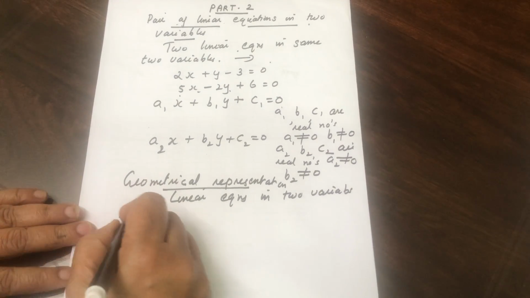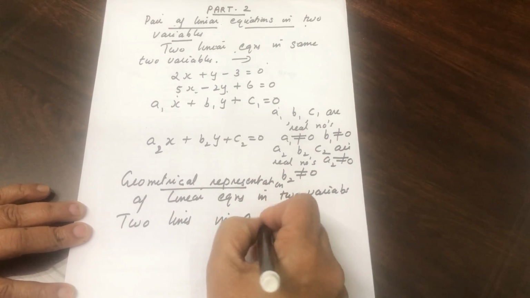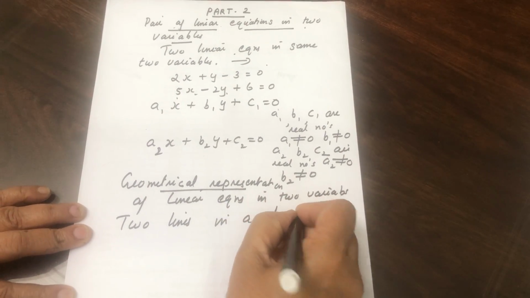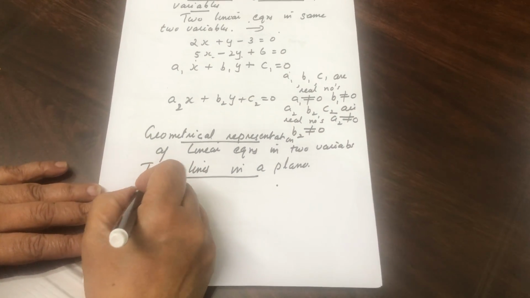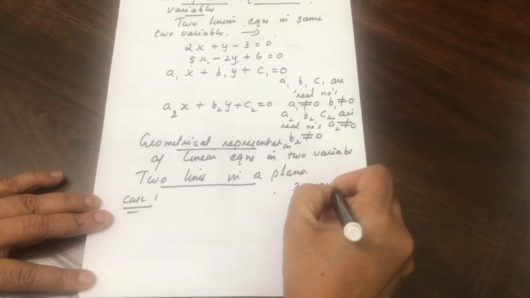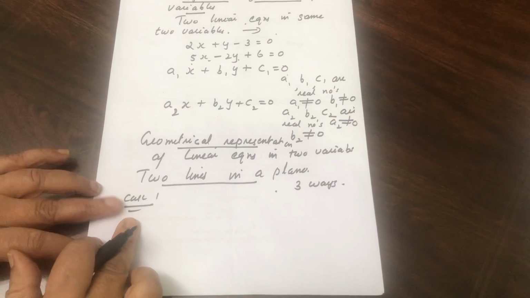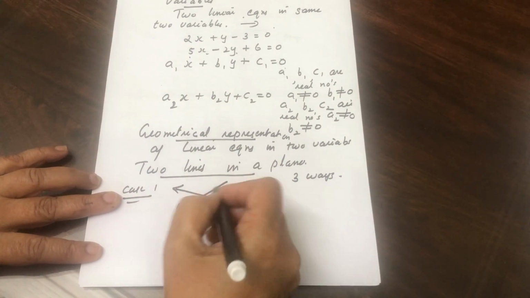So you know, two lines in a plane. How can you draw two lines in a plane? There are three ways. When you draw two lines, they can intersect each other.